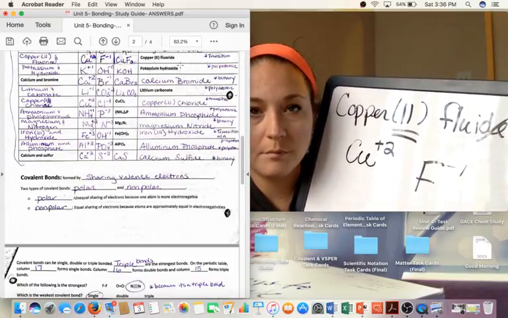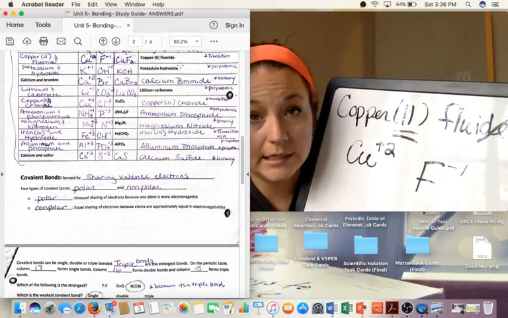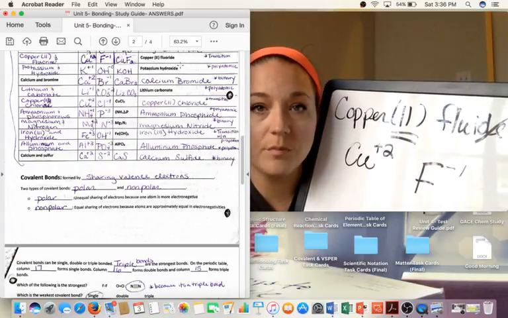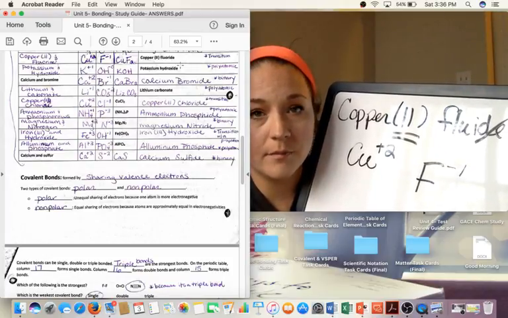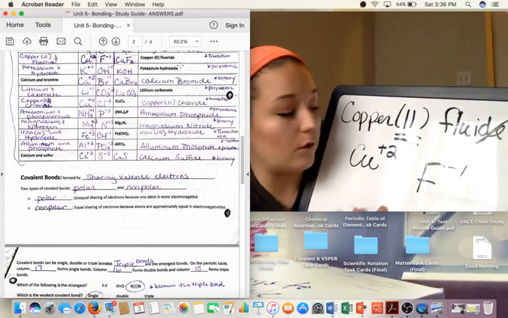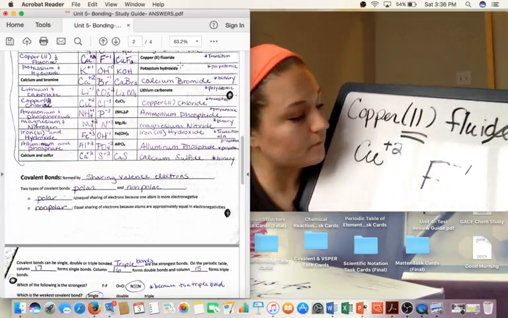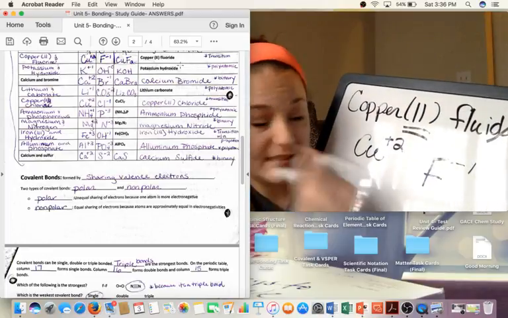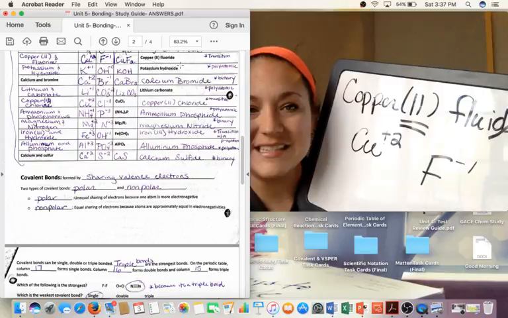Group 1, +1. Group 2, +2. Group 13, +3. Group 14, ±4. Group 15 is a -3. Group 16, -2. And group 17, -1. So, does +2 -1 equal 0?